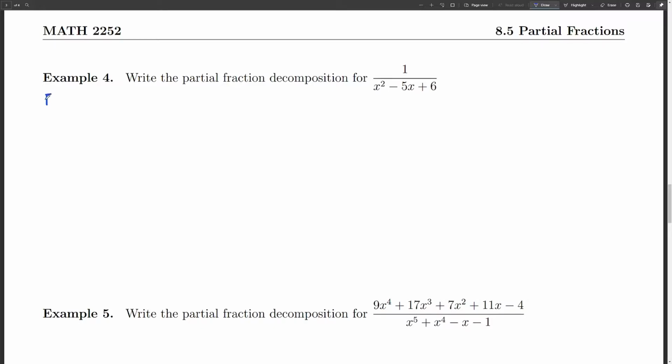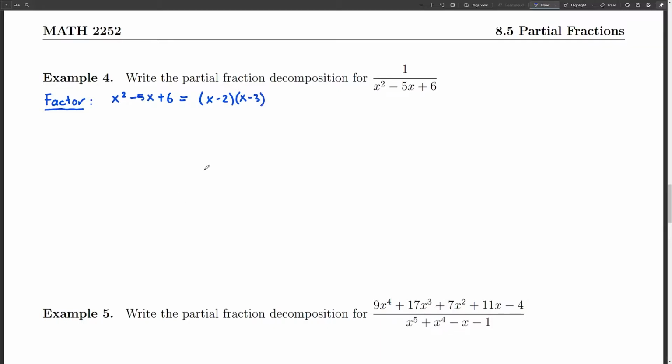Now, as you can see, the numerator has a degree that's lower than the degree of the denominator. So we can start out by factoring the denominator. X squared minus 5x plus 6 factors as x minus 2 times x minus 3.